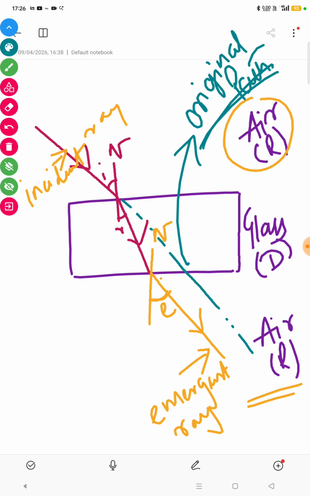If the glass slab was not present, the incident ray would have moved on its original path. So there is a shifting of the incident ray that takes place.